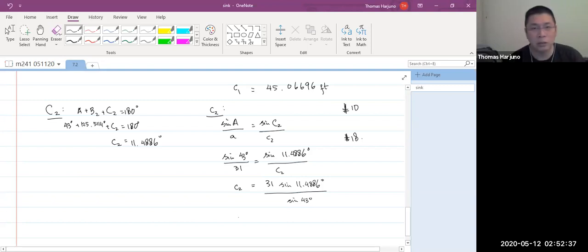I get C2 equals 9.05334. And this is in feet. Okay, as expected, C2 should be the shortest side of those three sides.